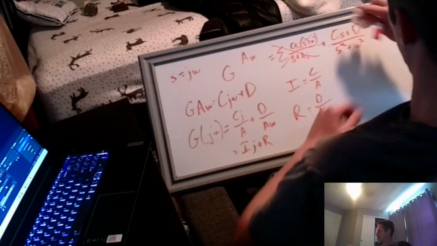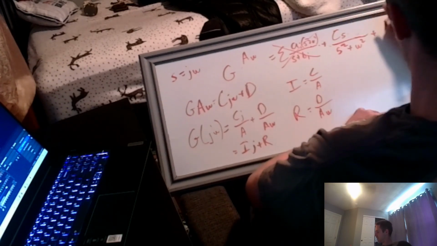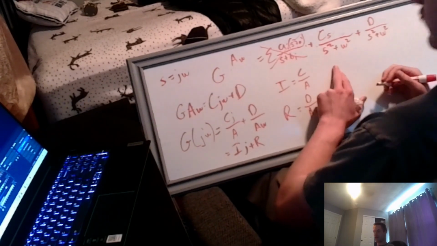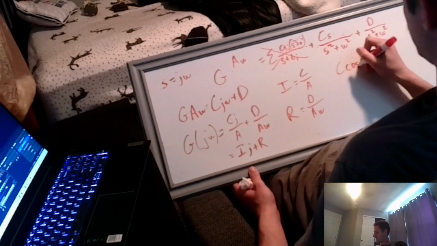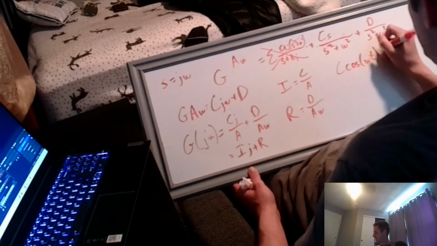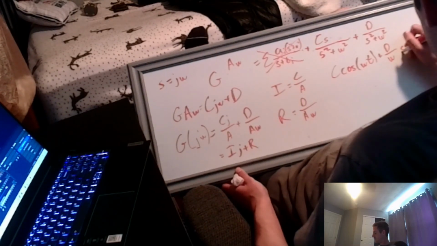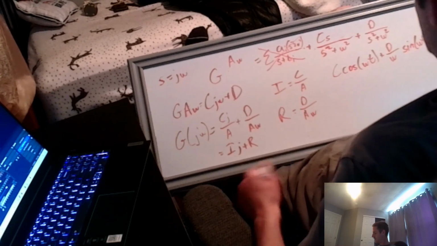This can, of course, be broken up into CS over S squared plus omega squared and D over S squared plus omega squared. So this first part, when we do the inverse Laplace transform, will be C cosine of omega t. Then we will add on D over omega sine of omega t.